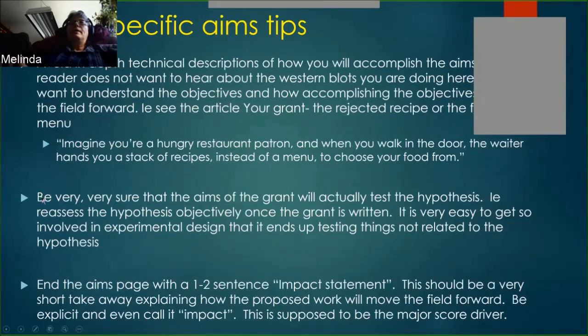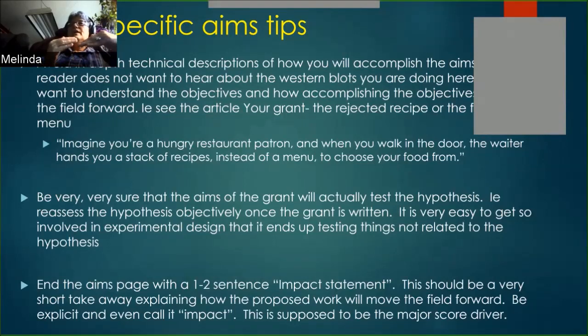Now, one thing is that this might be less of a problem for you, but it's not at all unusual for people to put a lot of effort into an Aims page and then to write the research plan. And as you write the research plan, you're usually doing a lot more in-depth reading, a lot more in-depth focus, and you end up with good experiments that will give good information, but in the end, the experiments in the research plan aren't actually testing the hypothesis that you have laid out in your specific Aims page.